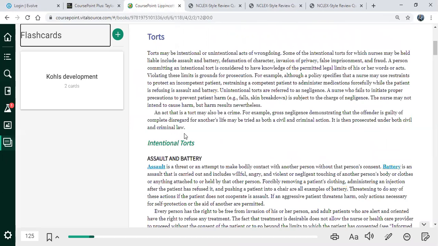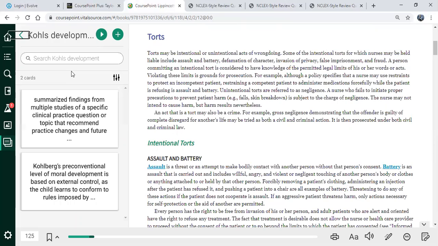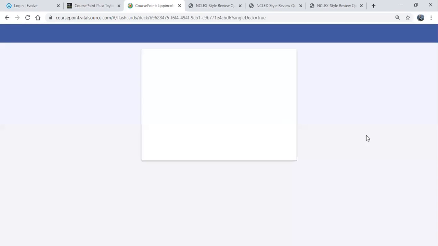If I were to make questions, and I actually did make a couple in here just to show you guys, I made the flashcard set here. If you click on it up here, I think it is, it'll bring it up in the book so that you can go through them.